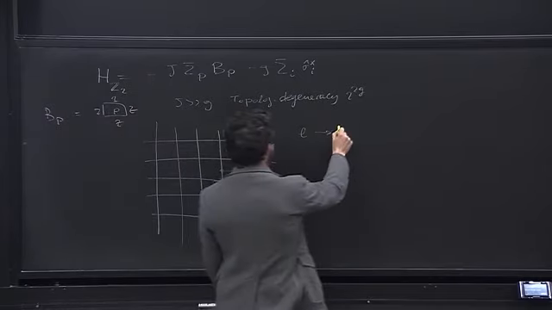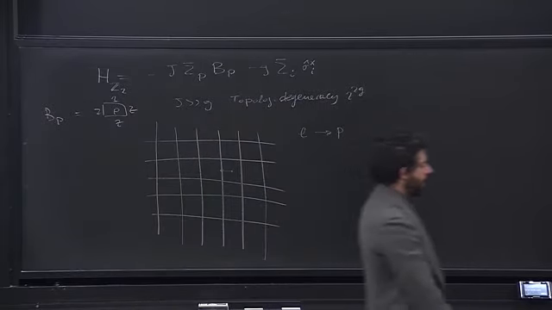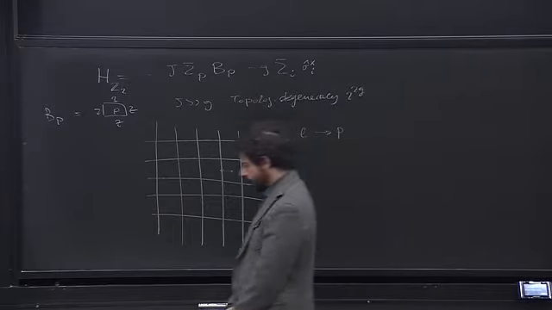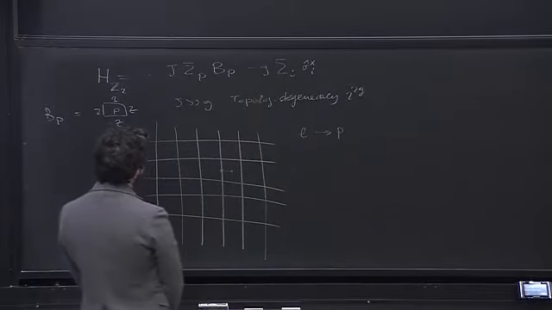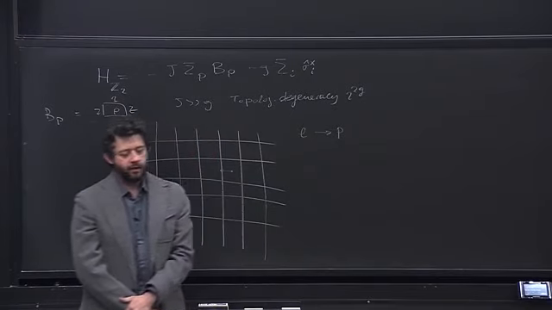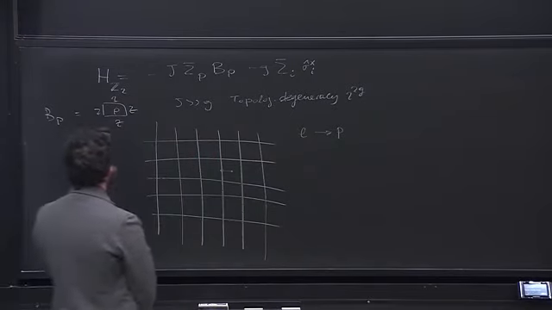Okay, so from the links, we go to the plaquettes. To do this mapping, you can also guess it from the fact that there are more links than plaquettes. So to do this mapping, we need to freeze some degrees of freedom.